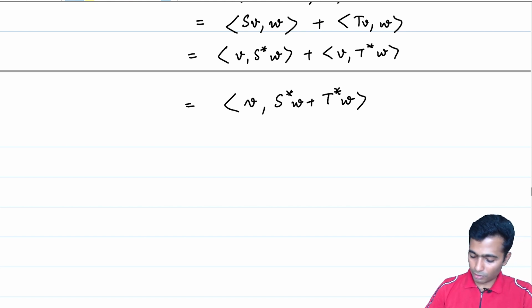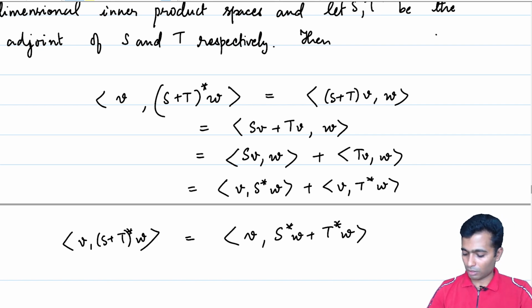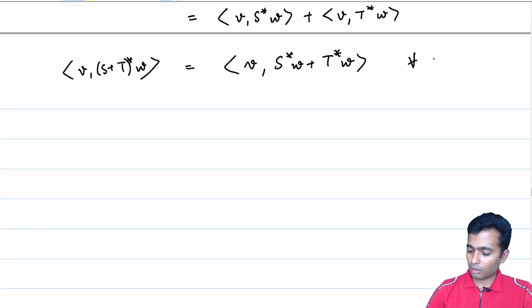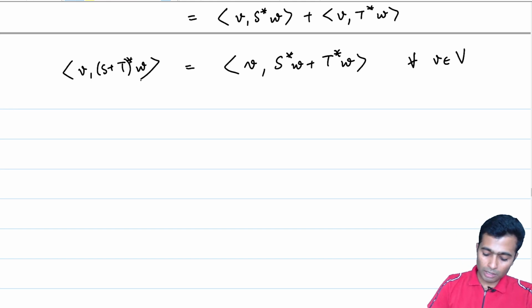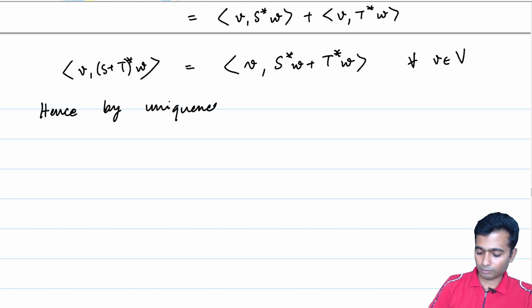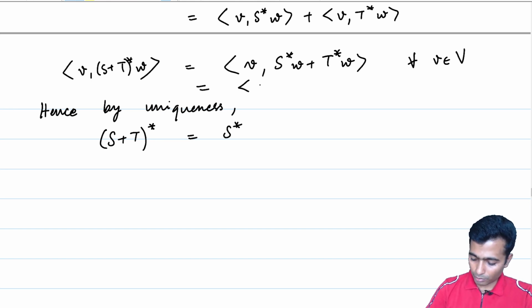So notice that we started off with the inner product of V and (S plus T) star W. So this is what we have for all V in capital V and for all W in capital W. So in particular, for a fixed W, for all V, this is satisfied, and by the uniqueness proposition that we proved after the Riesz representation theorem, we have hence by uniqueness, (S plus T) whole star is equal to S star plus T star.